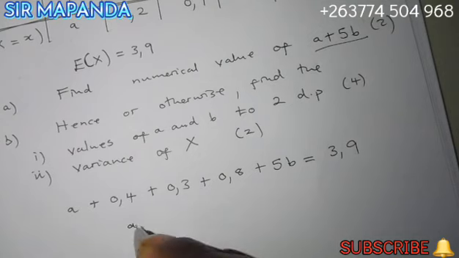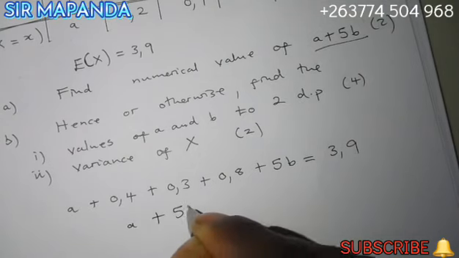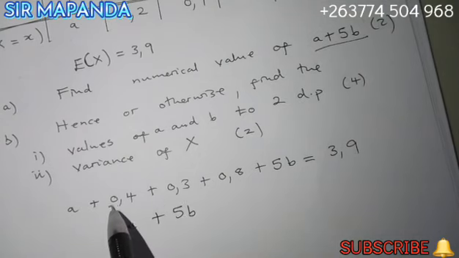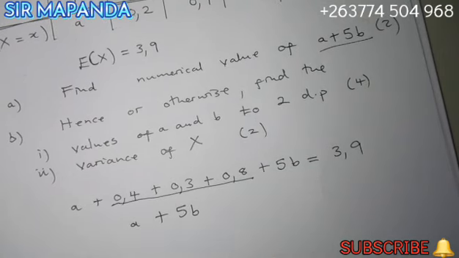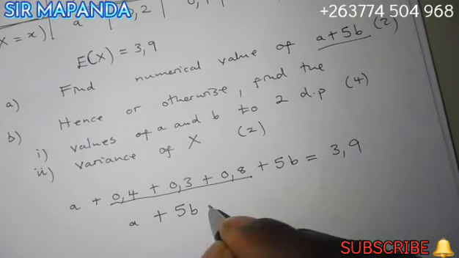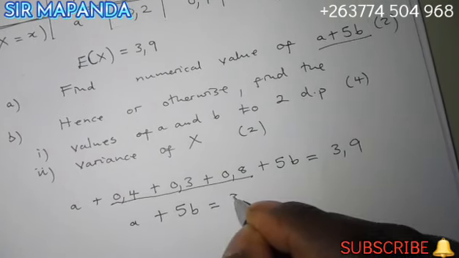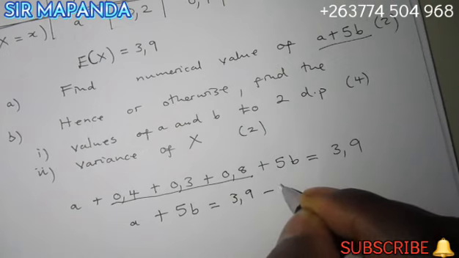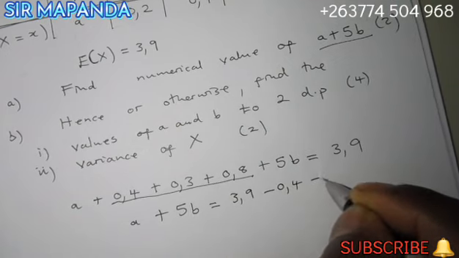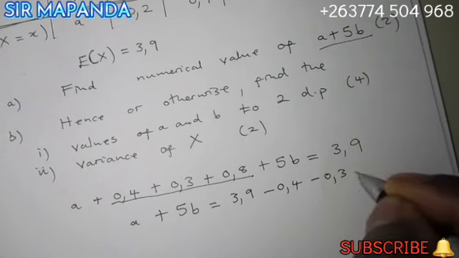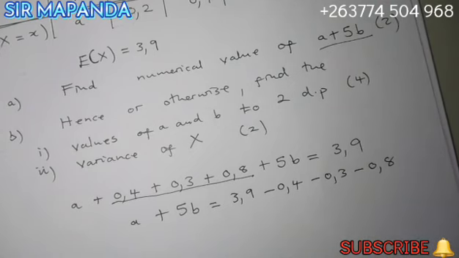So to get a plus 5b, you need to simply move 0.4, 0.3, 0.8 to the right side and make a plus 5b the subject of the formula. So you now have minus 0.4, minus 0.3, and minus 0.8.